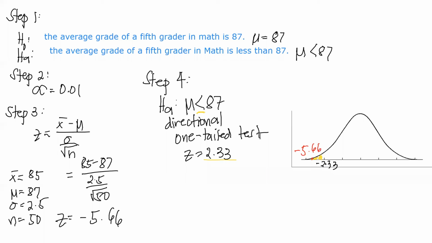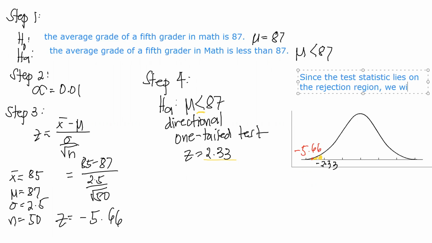Again, give a statement. Obviously, our test statistic lies on our rejection region. So since the test statistic lies on the rejection region, we will reject the null hypothesis. Okay.